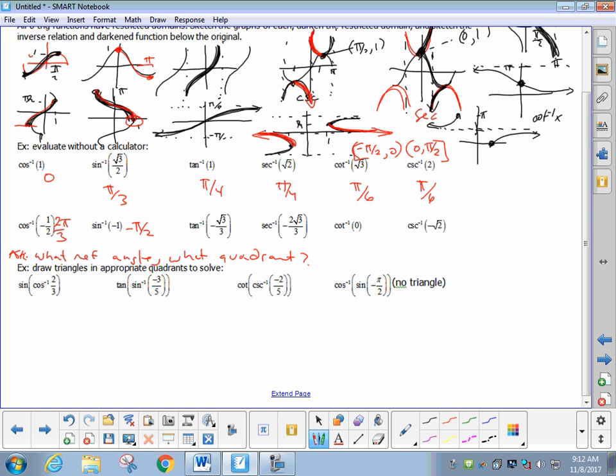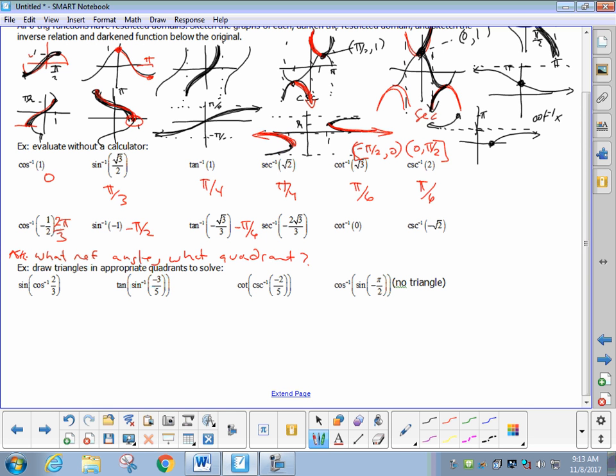So what about inverse tangent of negative root 3 over 3? Tangent makes that kind of side ratio at pi over 6 or pi over 3. Pi over 6. And then what quadrant? Tangent's negative in the fourth quadrant, so that's negative pi over 6. Inverse secant of negative, that's like a form of root 3 over 2.